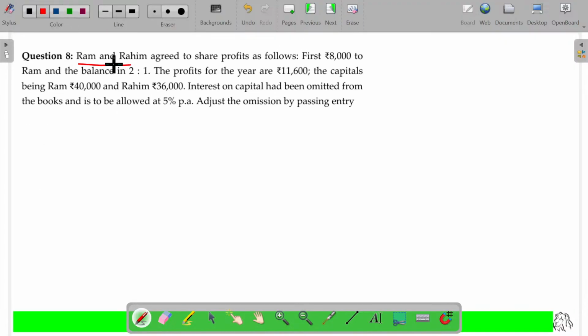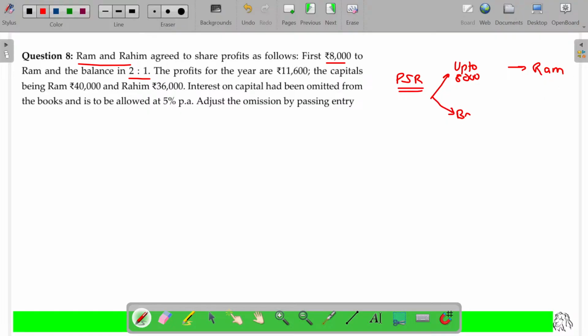Now, Ram and Rahim agreed to share profits as follows: 8,000 to Ram and the balance in 2:1, the profit sharing ratio. Up to 8,000 is given only to Ram.